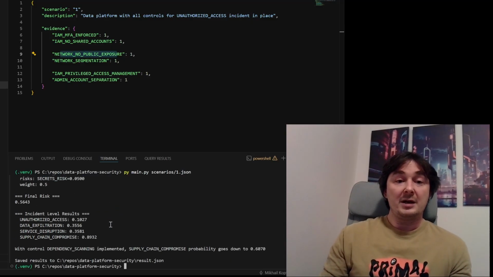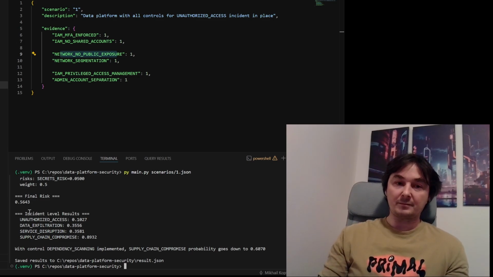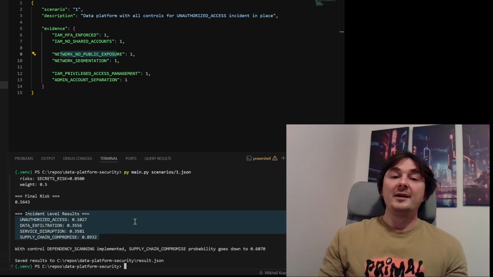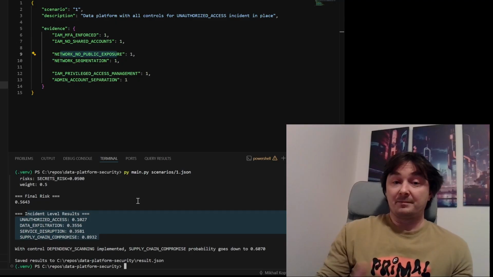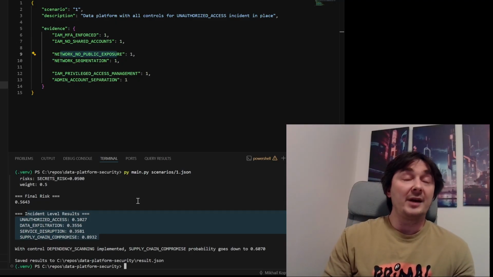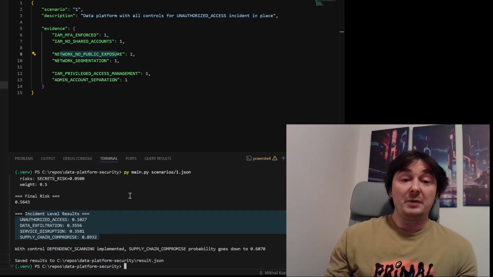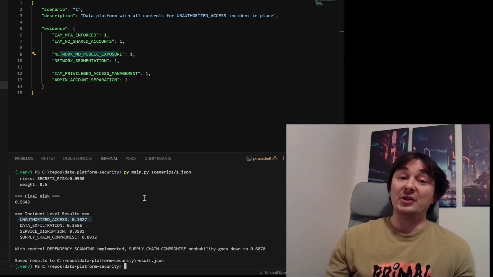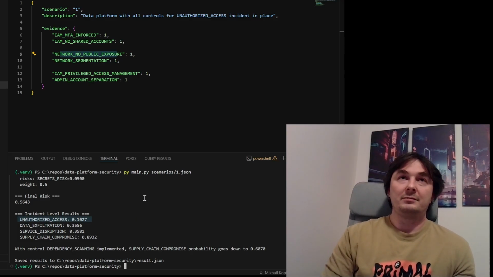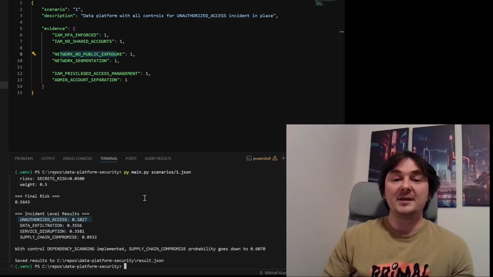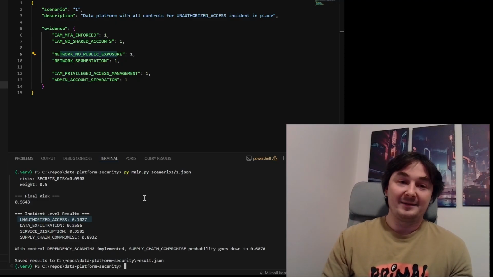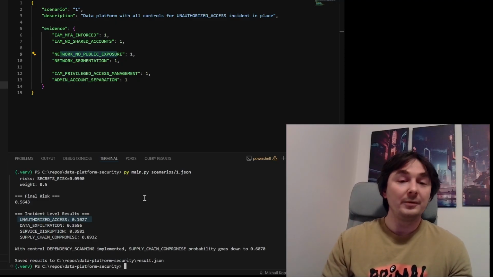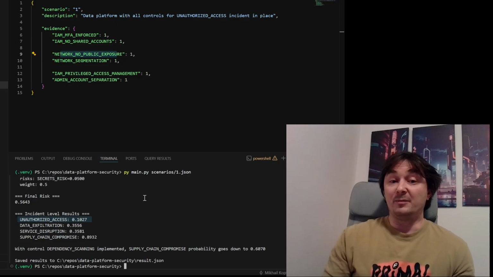Because of that, the incident level results from the security expert, from the security architect, would become like so, and the unauthorized access is still not nothing, because you can never have 0% incident likelihood, but at least it is a small number.